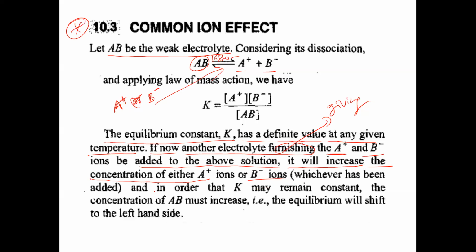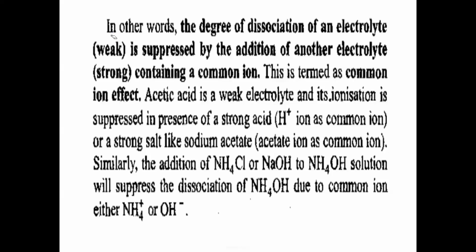In order that K may remain constant, the concentration of AB must increase to maintain this constancy of the K value. That is, the equilibrium will shift to the left hand side. That means the dissociation of AB will be decreased. The dissociation of AB decreasing means suppression is taking place here. In other words, the degree of dissociation of a weak electrolyte is suppressed.